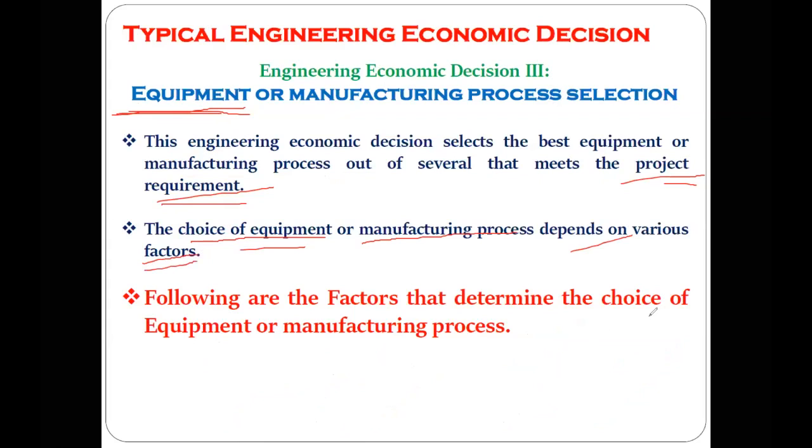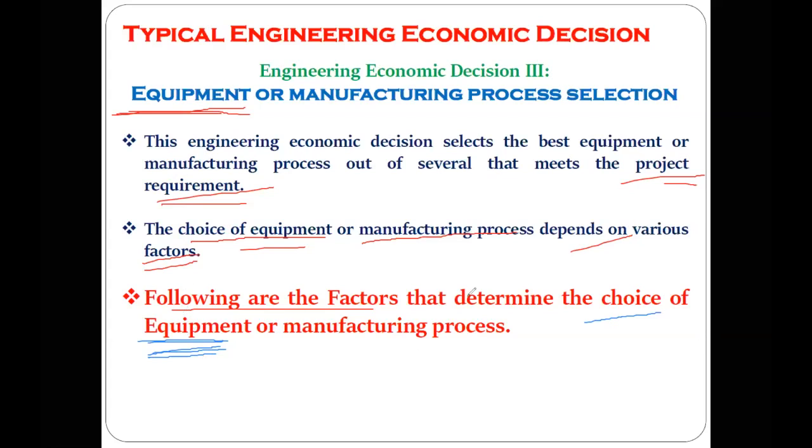Just like one factor I explained in the example, there are various kinds of factors, and based on those factors you have to make the choice of equipment. Which equipment will be suitable for your company, for your manufacturing industry?